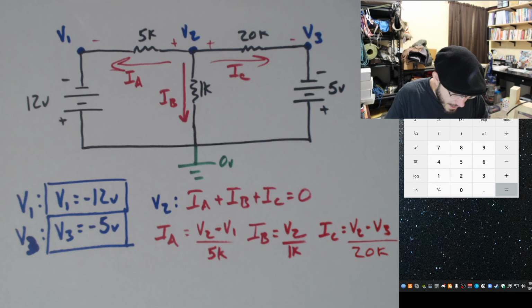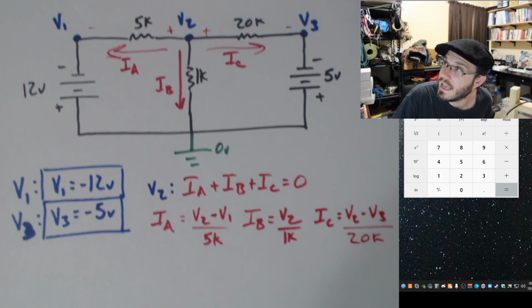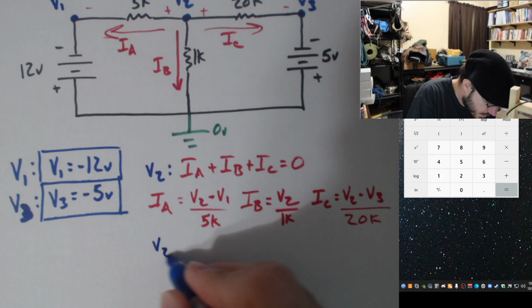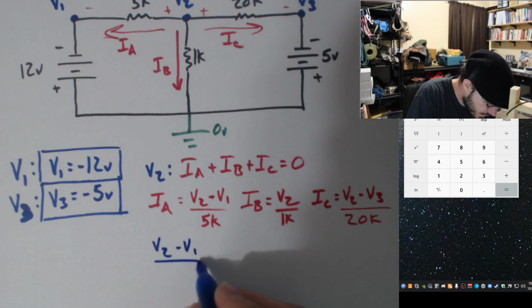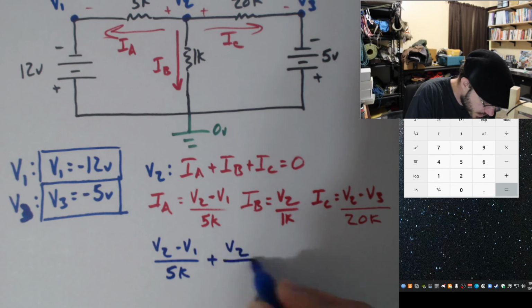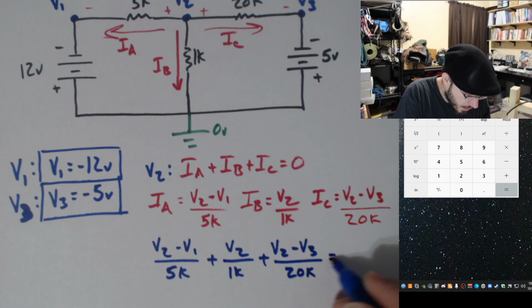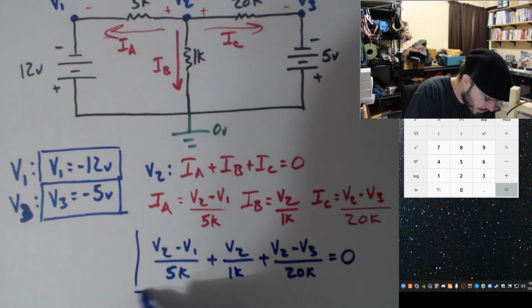All right, let's go ahead and plug all of these in. And I get V2 minus V1 divided by 5K plus V2 divided by 1K plus V2 minus V3 divided by 20K is all equal to 0.